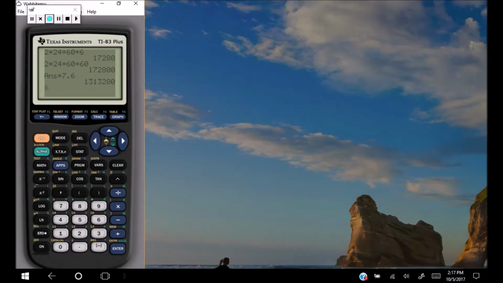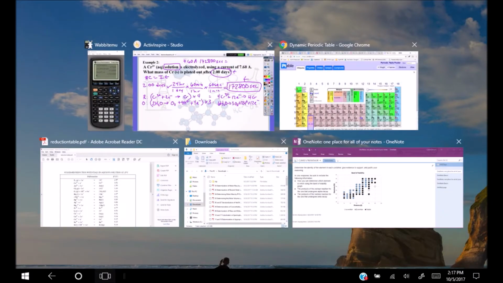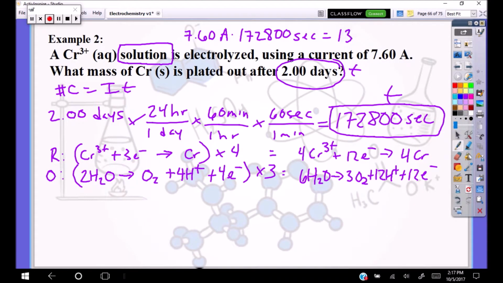Oh my gosh, large number of coulombs. It's just over a million coulombs of charge. So 1313280 coulombs.